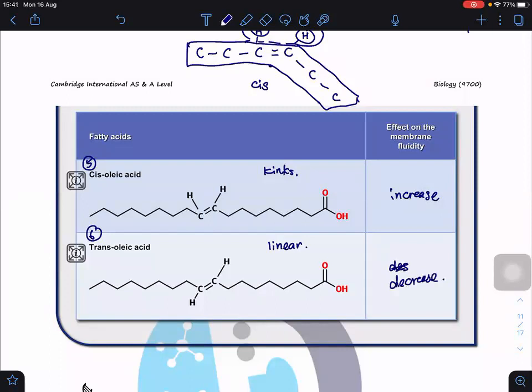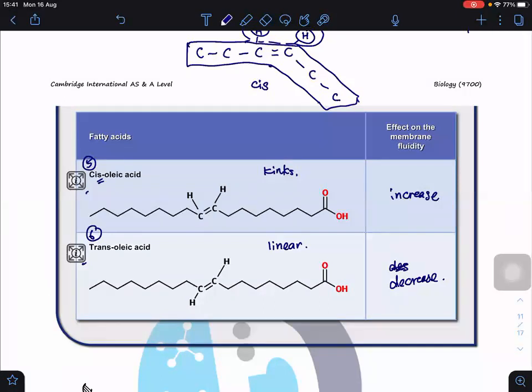Okay, the membrane fluidity. Why I put this doesn't mean that you do not need to know, because in the objective questions that came out before, they talked about cis and trans, but the question won't ask you to label which one is cis, which one is trans. Are you clear? Generally, for naturally occurring fatty acids, the majority of them are in cis form.